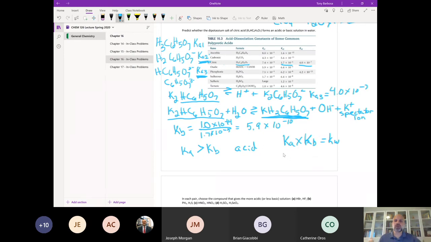We can calculate the Kb of the conjugate base of this acid, and that's what this equation gives us the ability to calculate. So the Kb calculation here is for the conjugate base of this acid.